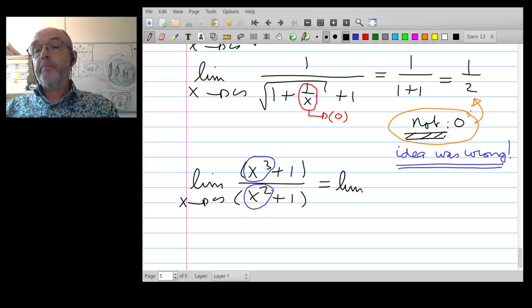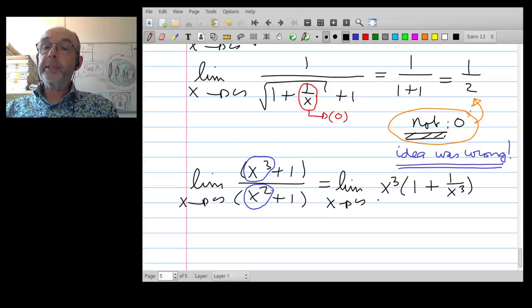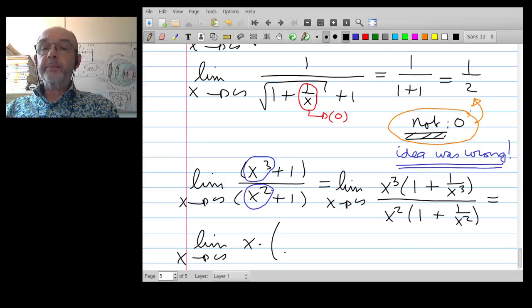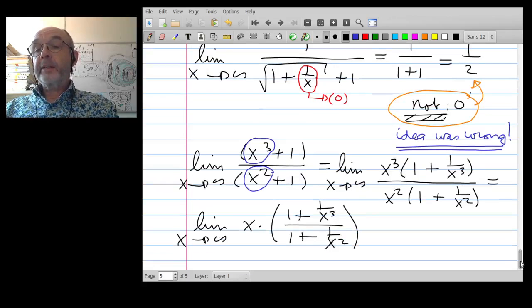But let me make it hard. So we take x to the power of 3 out of the numerator, so we have 1 plus 1 divided by x to the power of 3. And here below we take the x squared out of the denominator, and I have this expression here, and I see that I have the limit from x going to infinity of x times that expression here. Now that last expression is just finite.